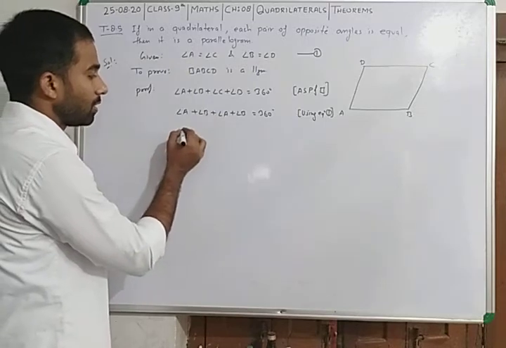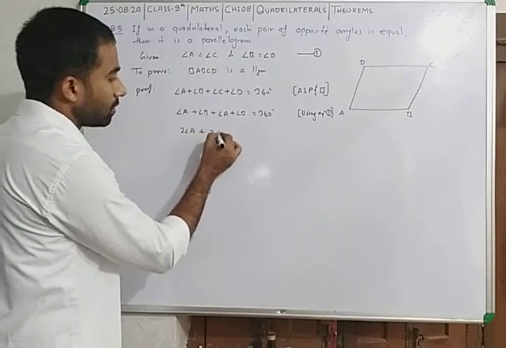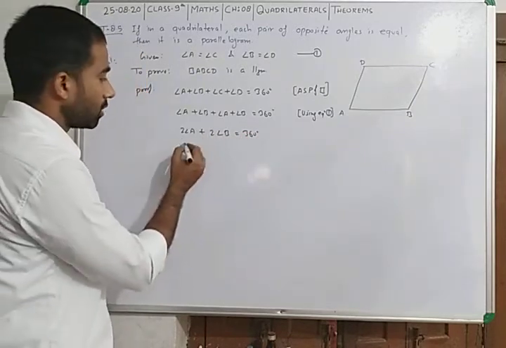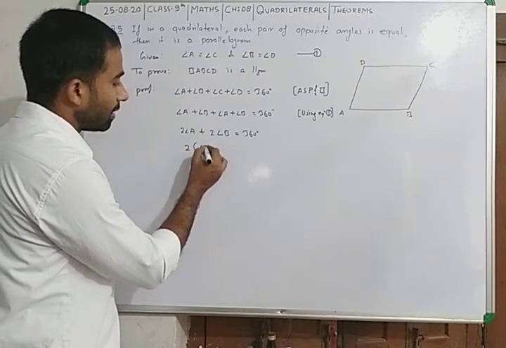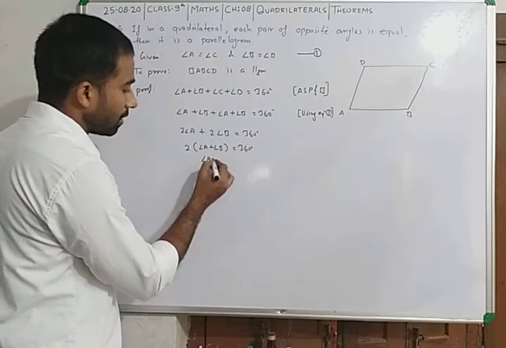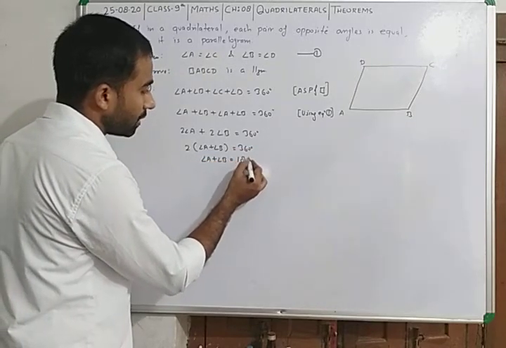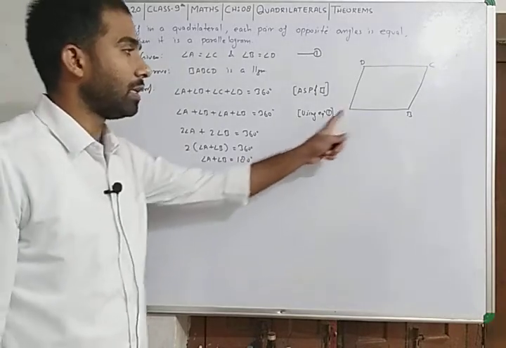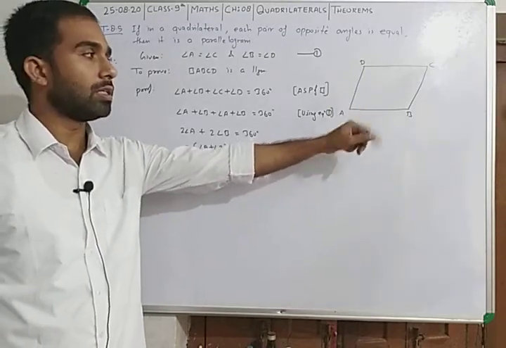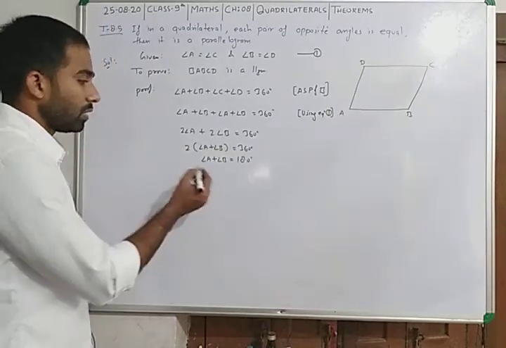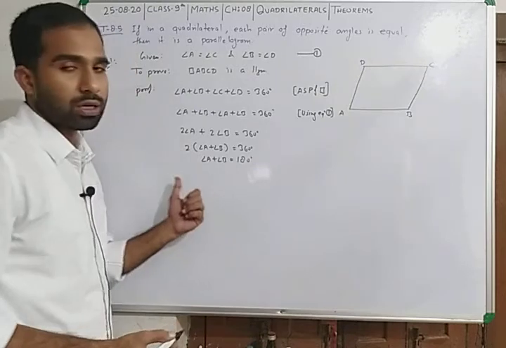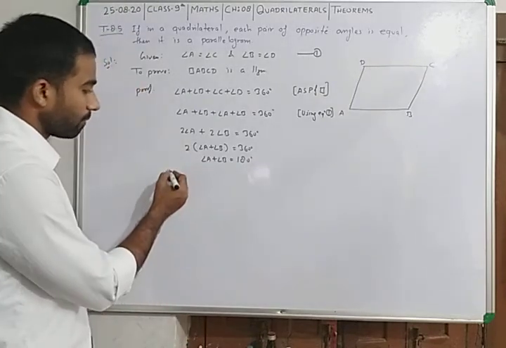Now we can write here 2 angle A plus 2 angle B is equal to 360. We will take 2 common from both terms. So 2 times angle A plus angle B is equal to 360, and angle A plus angle B is equal to 180 degrees. Now angle A and angle B represent co-interior angles. So here we can write, the above condition shows the converse of the co-interior property.